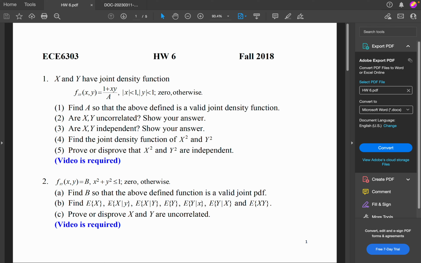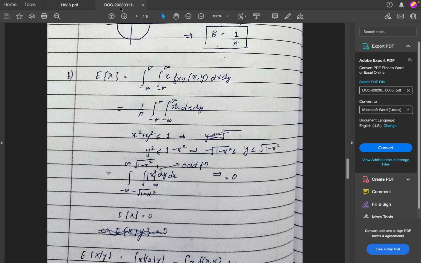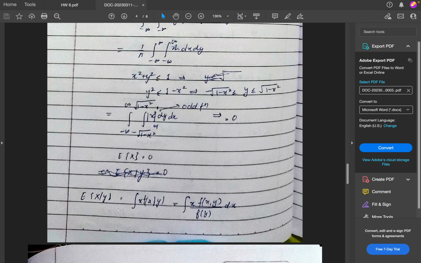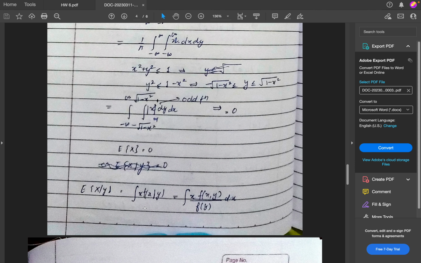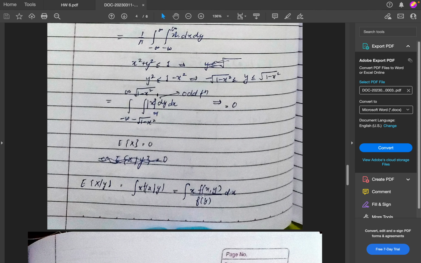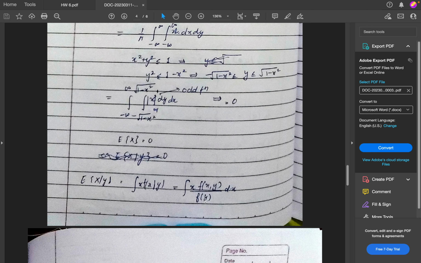Now we need to find the expected value of x given small y. This can be written as the integral of x f of x given y, and f of x given y can be written as f of xy upon f of y.